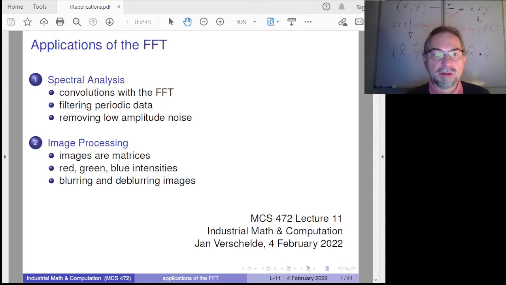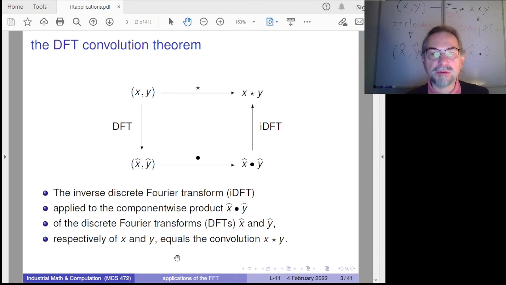So to recap, where are we? This is the main picture also behind me on the board. This lecture treats the discrete Fourier transform as a black box. What we need to remember mostly of the discrete Fourier transform is that it allows us to turn a convolution into a component-wise product.